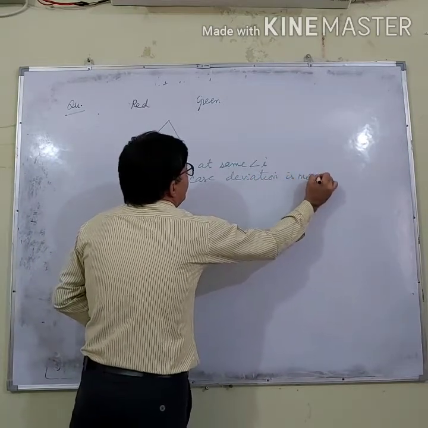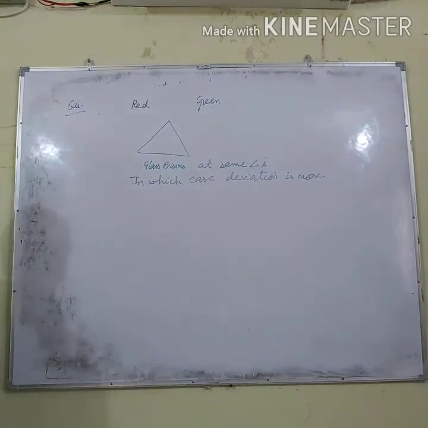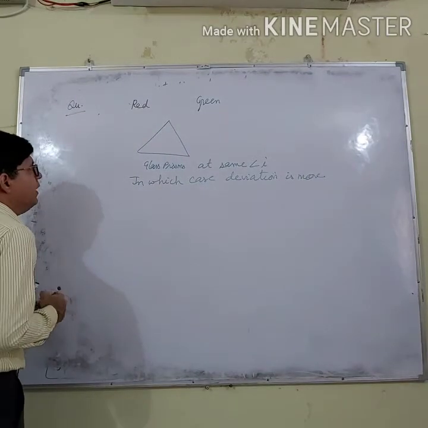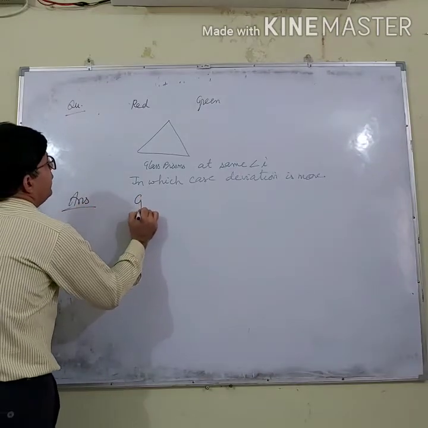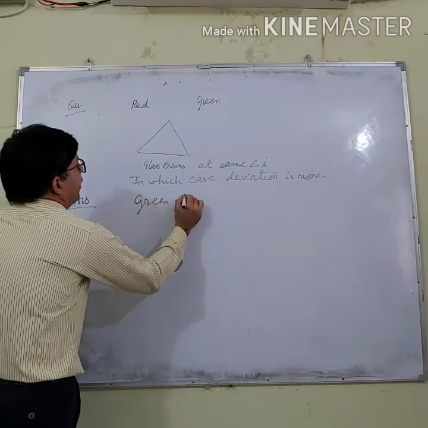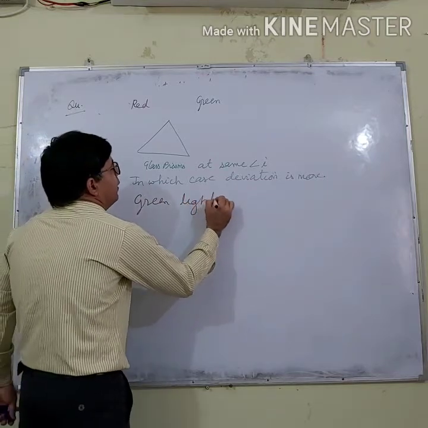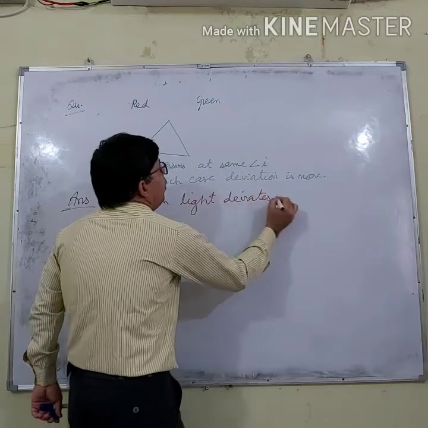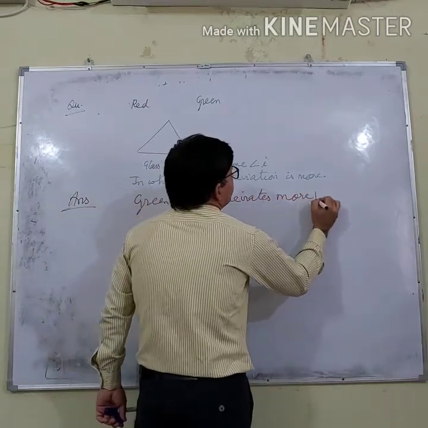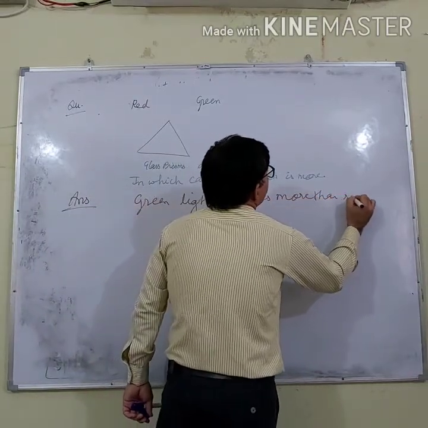Which ray will be deviated more? What should your answer be? My answer should be: green light deviates more than red. Why?